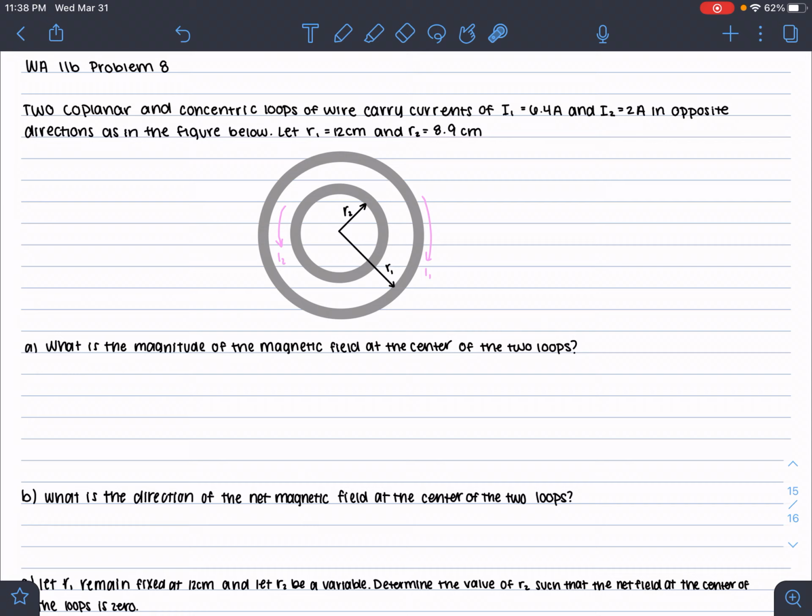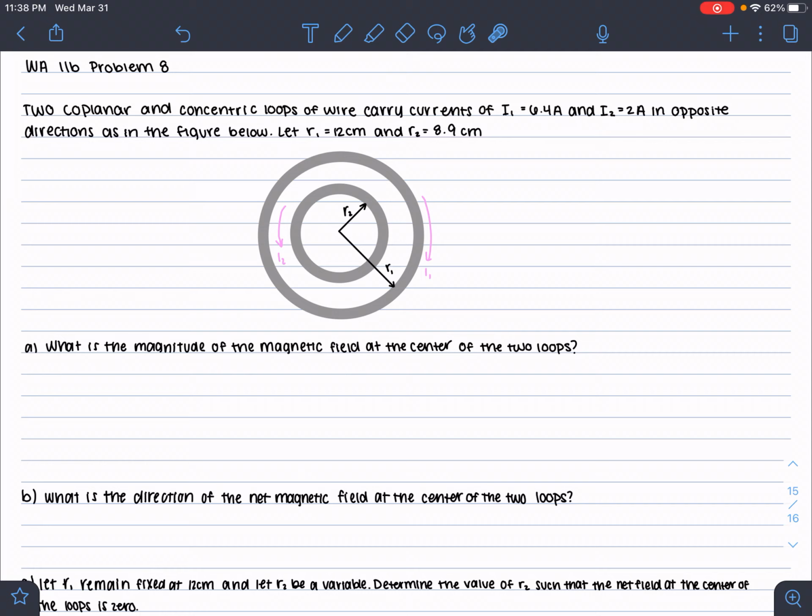So part A asks, what is the magnitude of the magnetic field at the center of the two loops? So first I had to figure out if they were in the same direction or in opposite directions, because that was going to determine if I was going to add or subtract them.